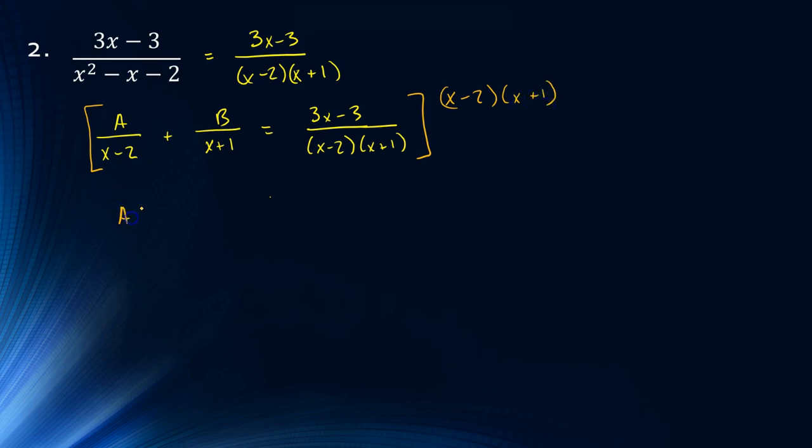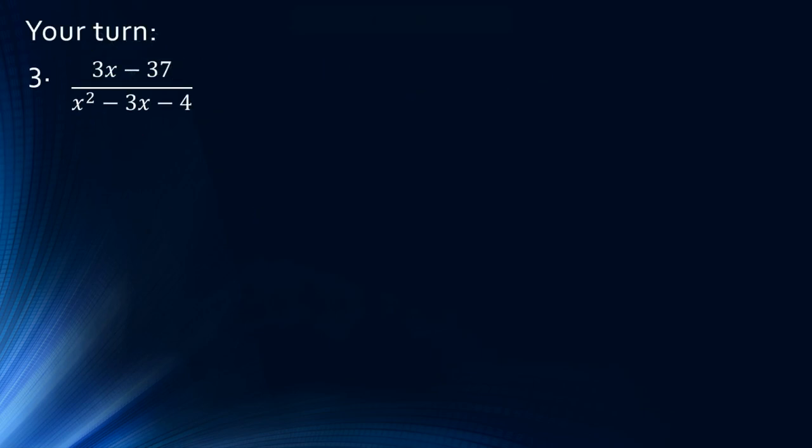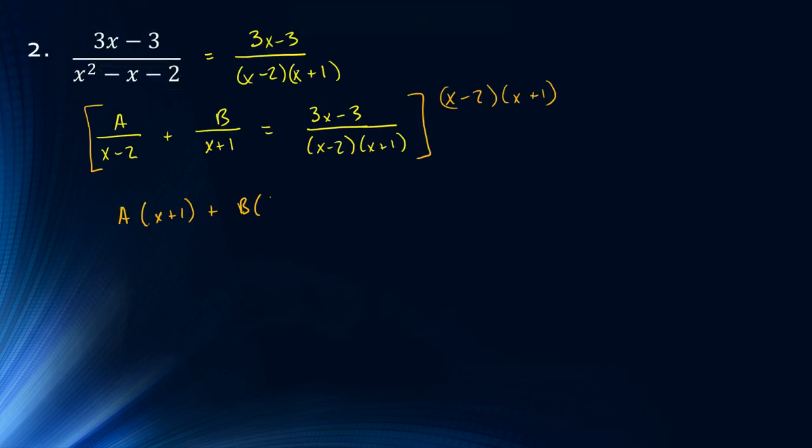So on the left side, some people look at this as cross multiplying. You can do that because this only has 2 terms. With the previous example, that wouldn't work quite as easily. But we would have a and then x plus 1. Or you can look at it as we did in the previous one. Our previous one, we would multiply the x.